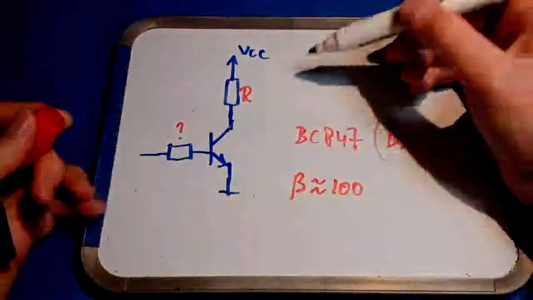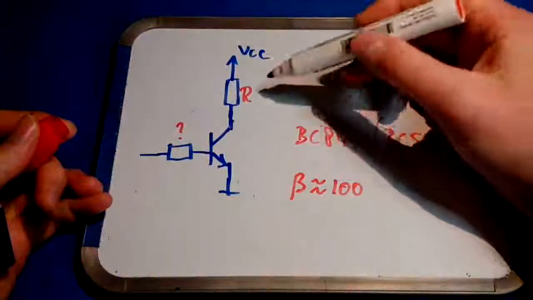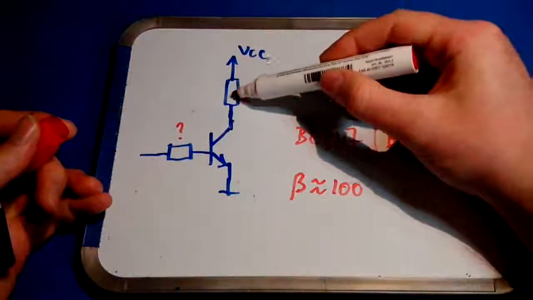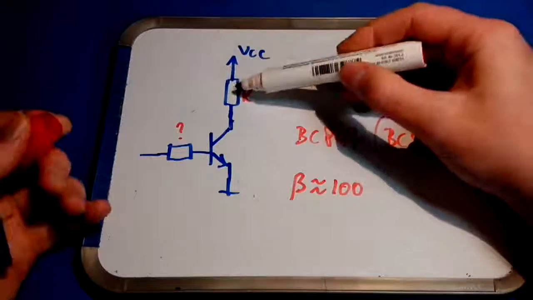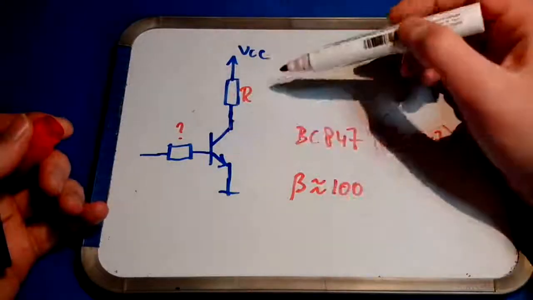So to avoid the amplification behavior, we would like this resistor to limit the current instead of the transistor.